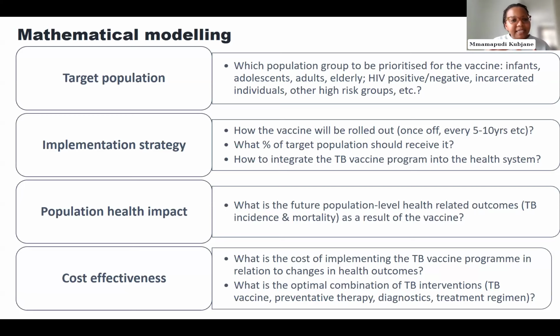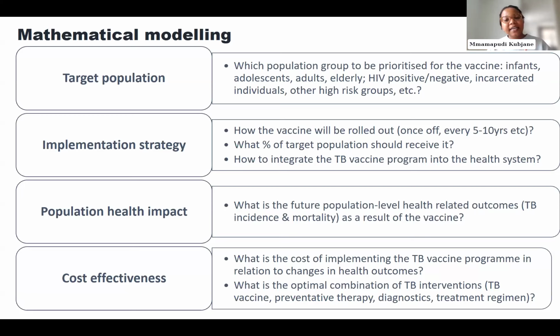And also the implementation strategies that should be and could be implemented in the model for reasonable predictions. How often should the vaccine be implemented? Is it once off or every 5 years? And what proportion of the target population should be given the vaccine?